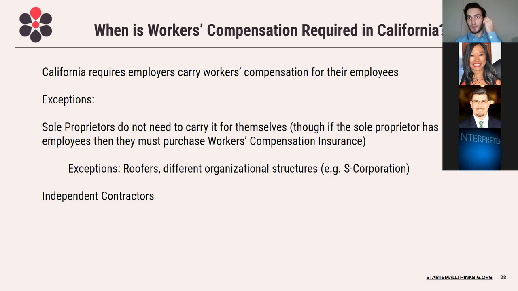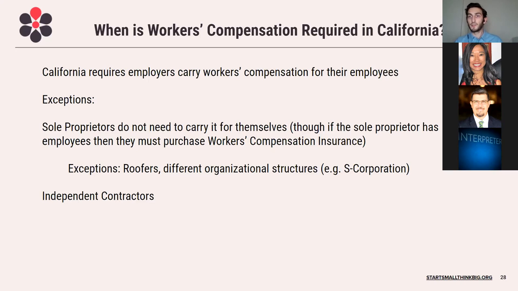The other situation, probably more relevant, is that depending on the organizational structure of the entity that you have, you may be required to purchase workers' compensation insurance for yourself.